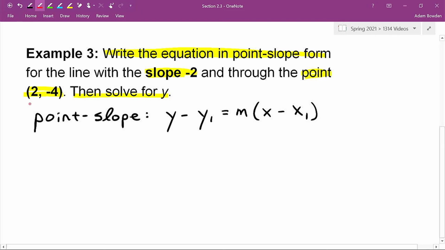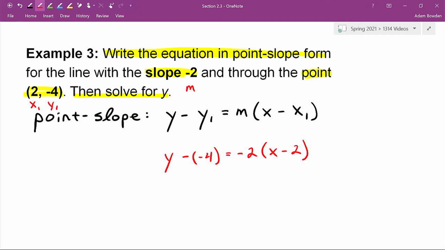The point 2, -4 will be our x1 and our y1, and the slope is for the letter m. If I put those numbers in here, it would be y minus -4 equals -2 times x minus 2. So that's the point slope form way of writing the equation of the line.